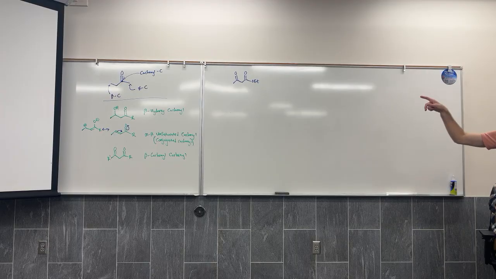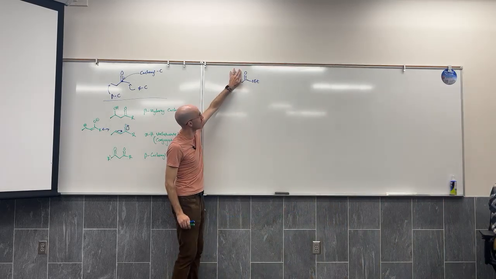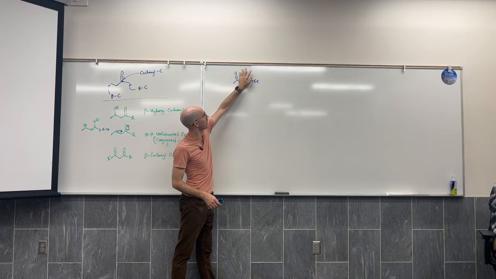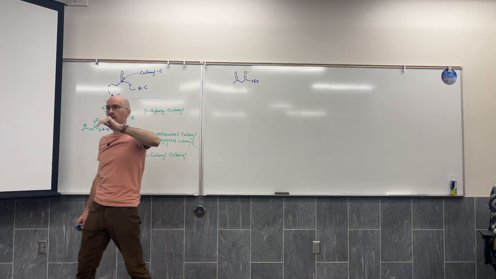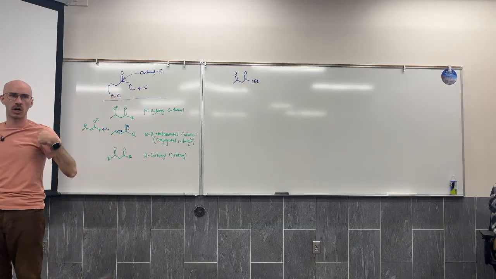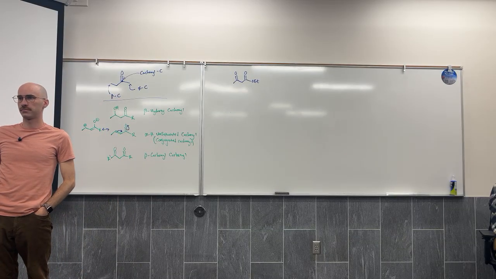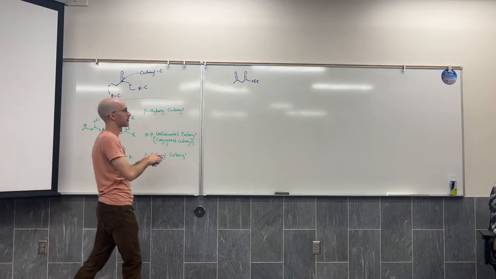This is ethyl acetoacetate. Remember, it's an acetate group. It's that 2-carbon carbonyl that is actually substituted by another acetate group, that 2-carbon carbonyl. So it's an acetoacetate, or we could call it ethyl 3-oxobutanoate. We can name that ketone as a substituent of the ester.